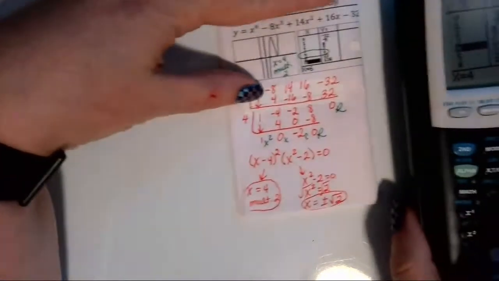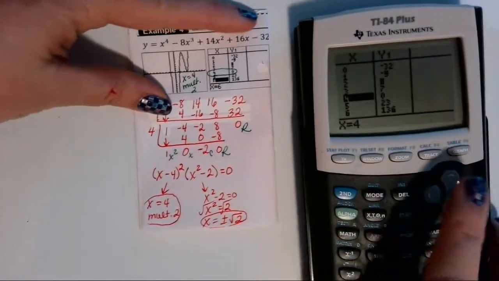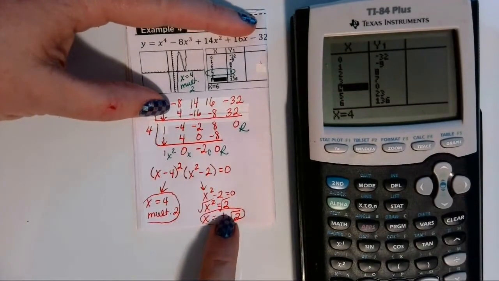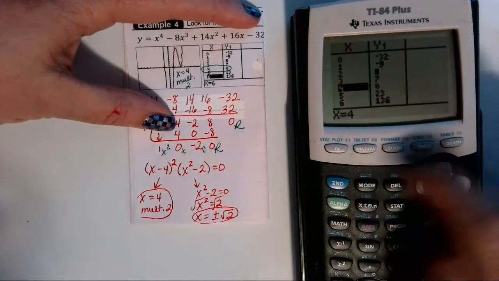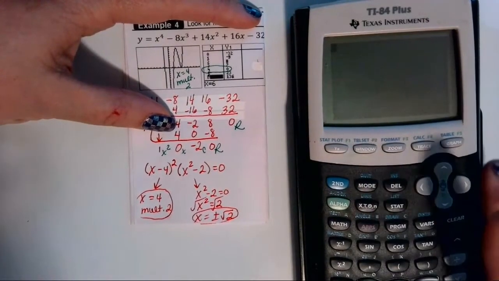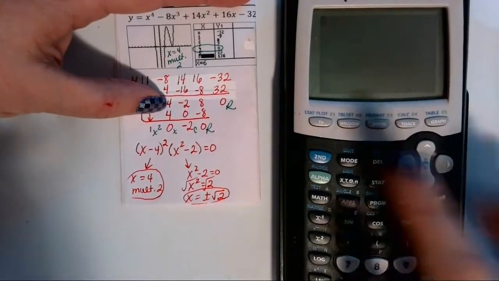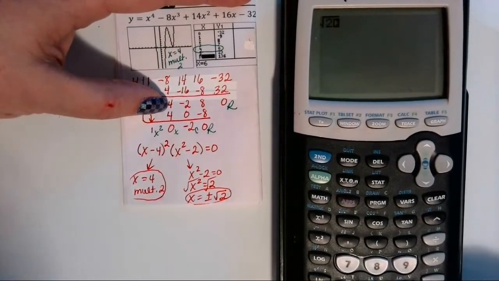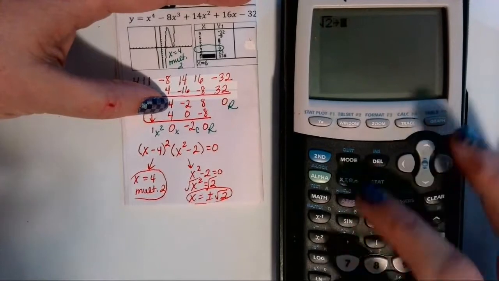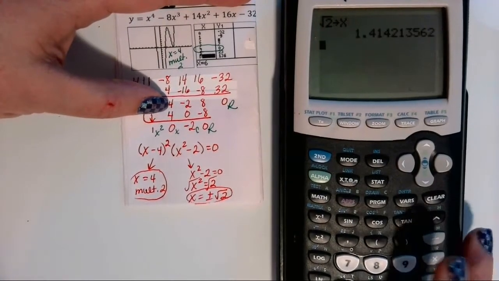If I want to check in the calculator that I got those irrational zeros correct, I can go to my x here and store, so second square root, I'm going to store the square root of 2 as x.